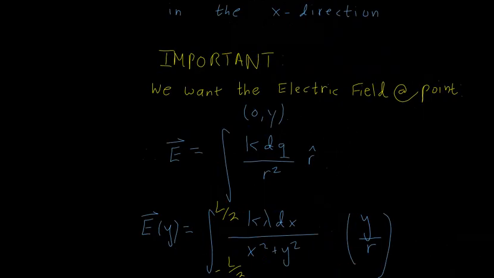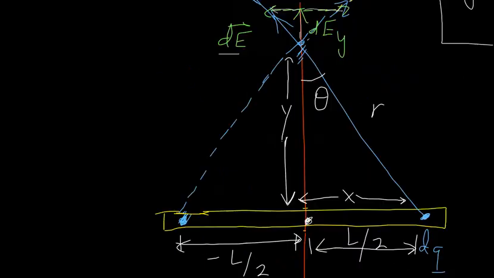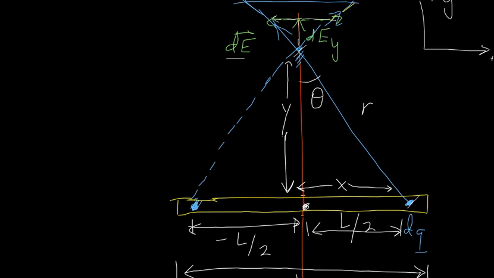Let me go back to my diagram here. r is the distance from dq all the way to that midline point, which created the infinitesimal electric field vector. That's this distance here. I'm highlighting in white here. Hopefully you can see where I've made my drawing.